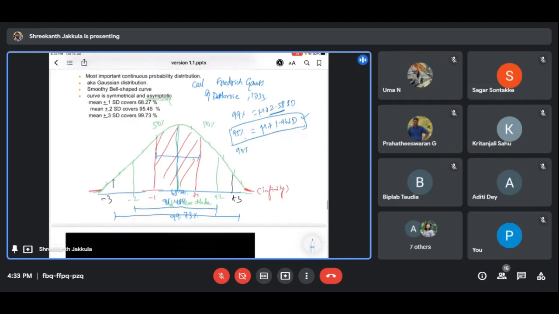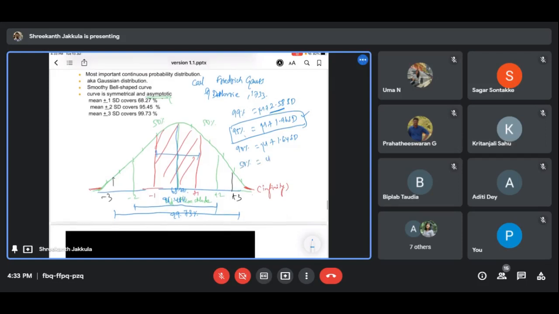For 90%, it falls within 1.64 standard deviations. For 50%, it will be 0.68 standard deviation. Even if we don't understand this whole part, at least we have to remember these four, which are commonly used in problem solving.